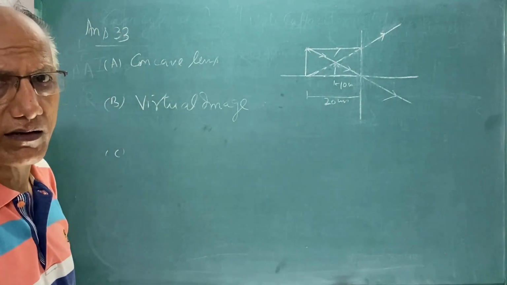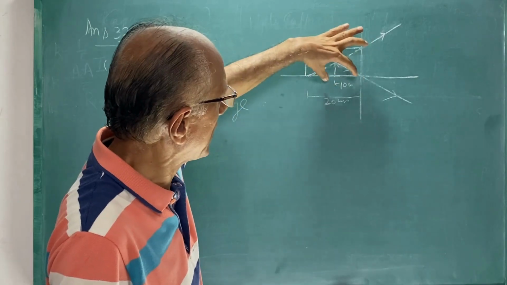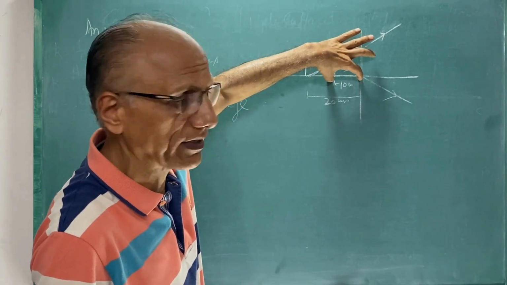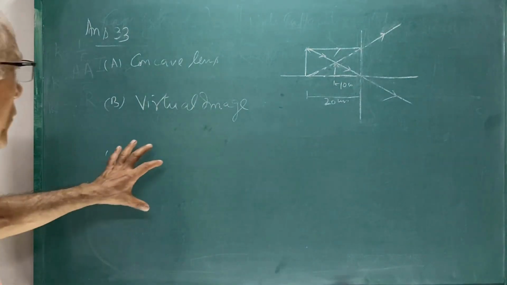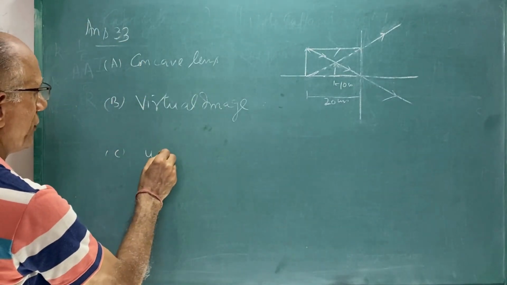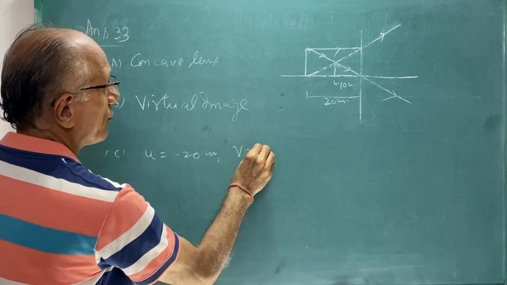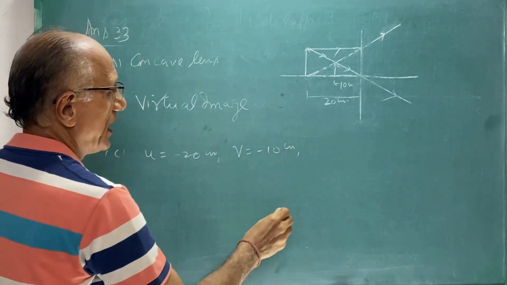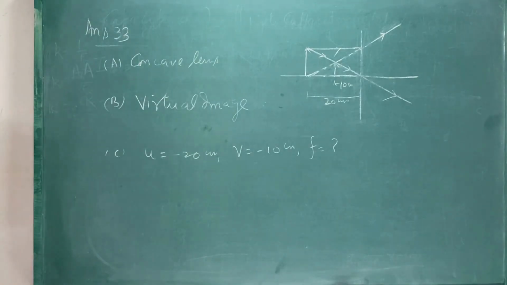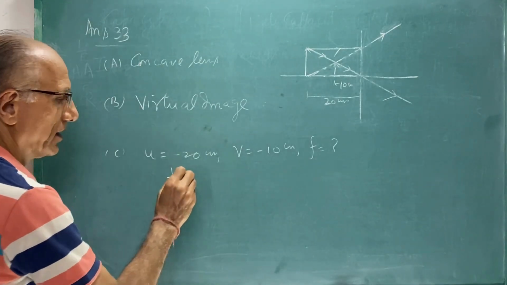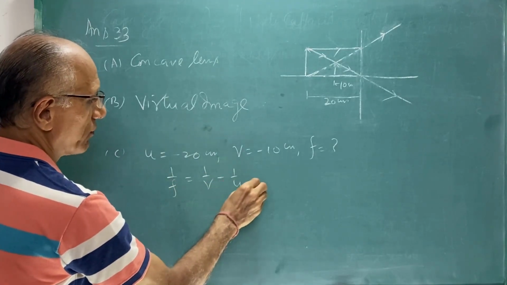And the third part, C, is according to the given information that the distance of the image is 10 centimeter given here, and the distance of the object is 20 centimeter. So here u is minus 20 centimeter, v equals minus 10 centimeter, and we have to find the f. So according to lens formula, 1 by f equals 1 by v minus 1 by u.